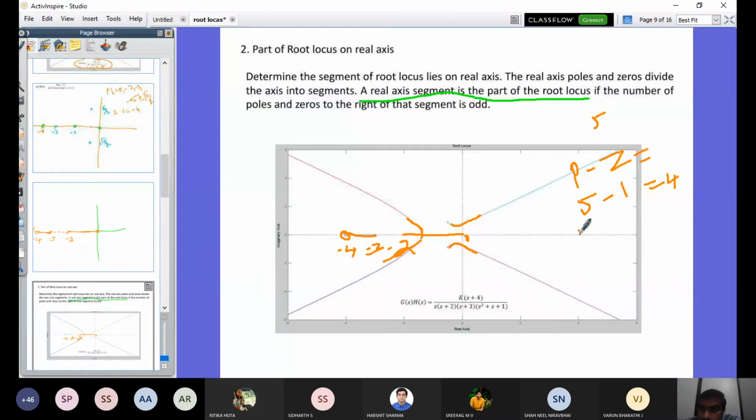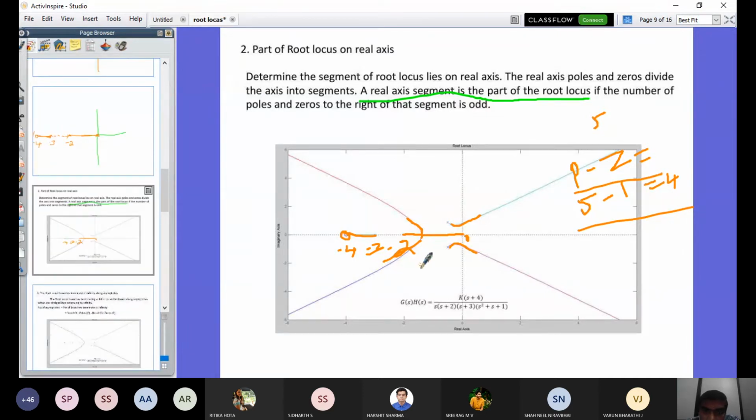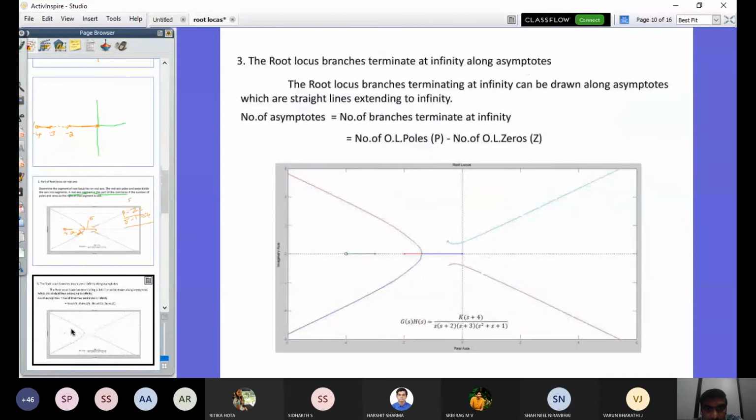How many asymptotes are we going to find then? 4 asymptotes, because that is the number of root locus branches ending at infinity 0. That many asymptotes we are going to identify. Any doubt in that? So p minus z number of asymptotes are required. Where do you draw the asymptotes? Randomly we should not draw them. The joining point or meeting point of the asymptotes we call the centroid. How to find the centroid?